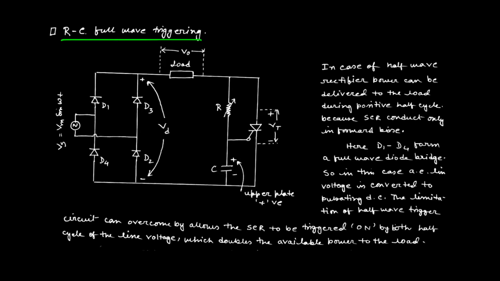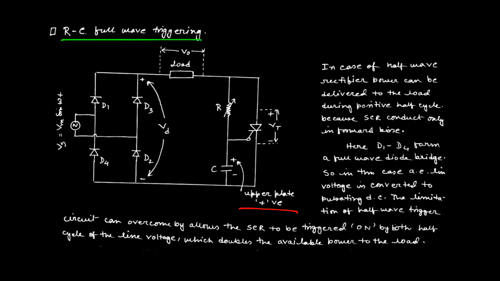The bridge is constructed here with four diodes, D1, D2, D3 and D4, and the variable resistance R is there to give the proper shape of the output voltage. The capacitor is connected in this circuit in such a way that the upper plate is positive, which is a very important part.